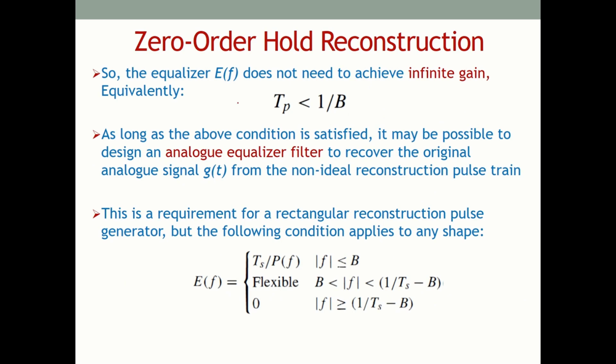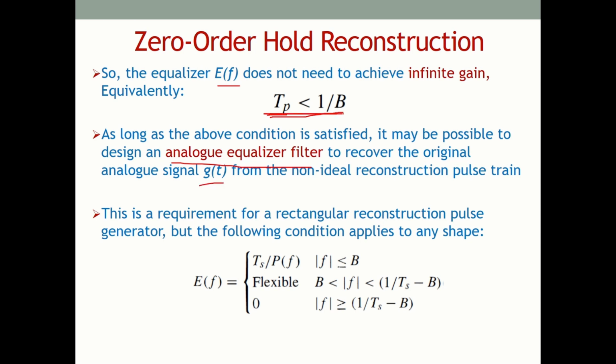So there are some points. The equalizer EF does not need to achieve infinite gain, which means that TP, its pulse width, needs to be less than 1 over B, right? So this is one thing. As long as the above condition is satisfied, it may be possible to design an analog equalizer filter to recover the original analog signal.